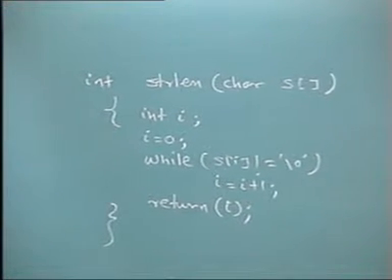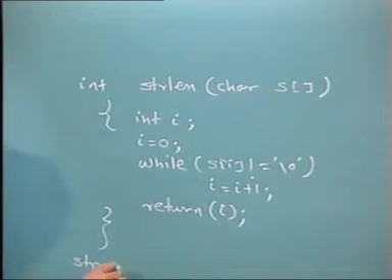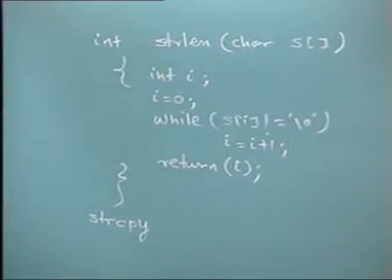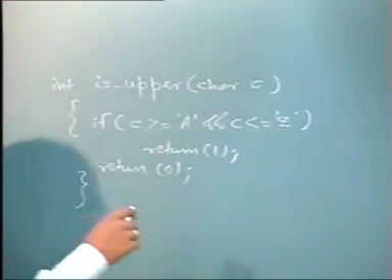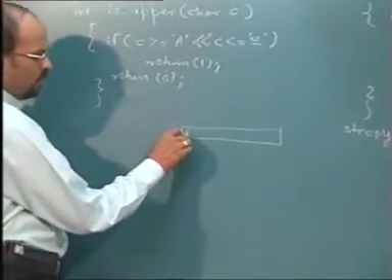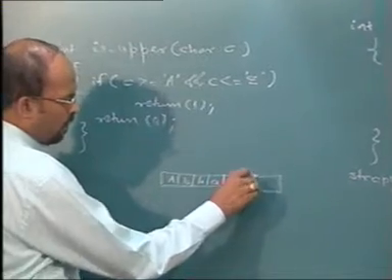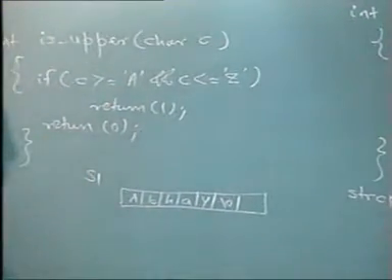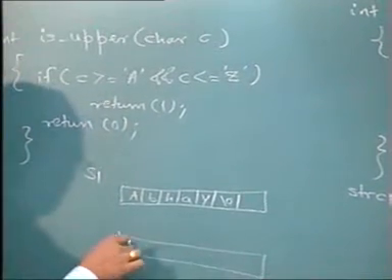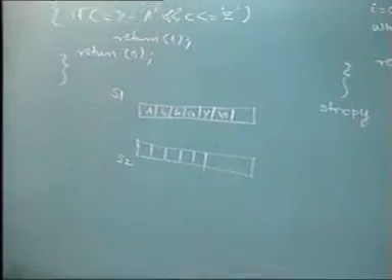We can write one more function, say strcpy, that is to copy one string into another. So if string s1 is like this, and string s2, which might contain some data, may not be any data over there, whatever is the case.